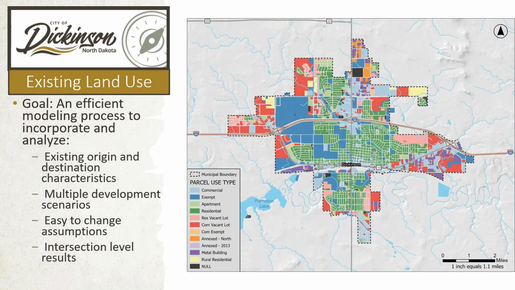We also wanted to be able to quickly look at different development scenarios, comparing that high density residential with lower density residential assumptions. And then lastly, we wanted those forecasts leading into intersection level results that the city could use to look at the capacity at those intersections and quickly look at alternative intersection options.